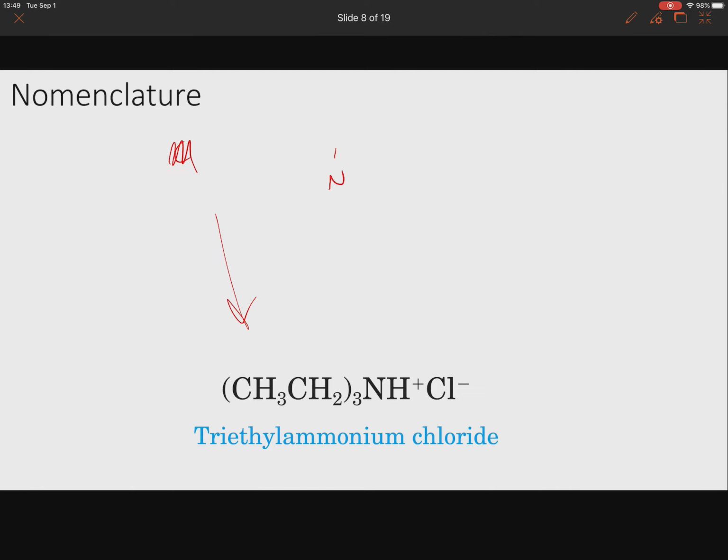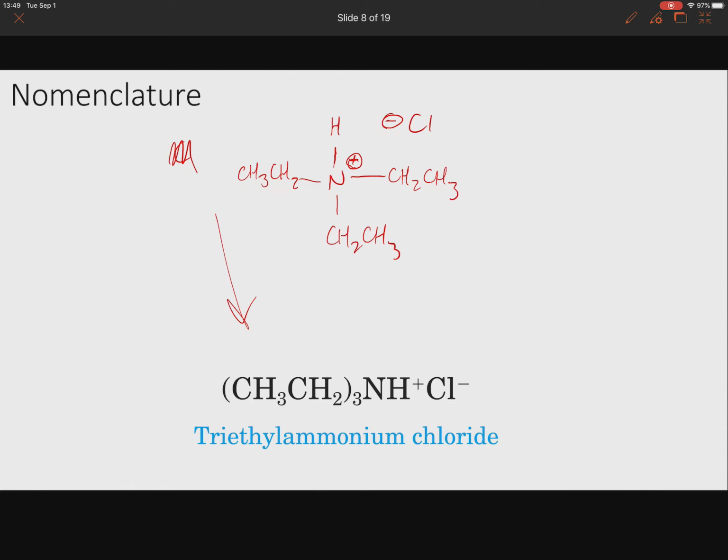So we've got NH, CH3, CH2, and there are three of those, so CH2. We get a positive charge on the nitrogen. And so it gets associated with an anion, in this case a chloride ion, and it becomes a salt.